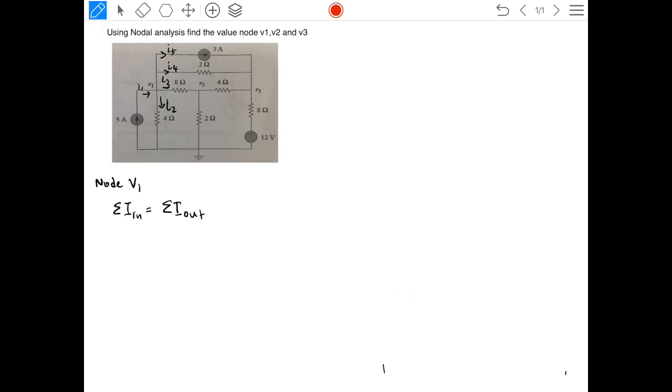So we are certain that I5 will be in this direction, going out from this V1. This is load. We are assuming this is I4 in this direction, I3 in this direction, and I2 in this direction. So next, what we need to build up is the equation, the summation of I in equal to I out.